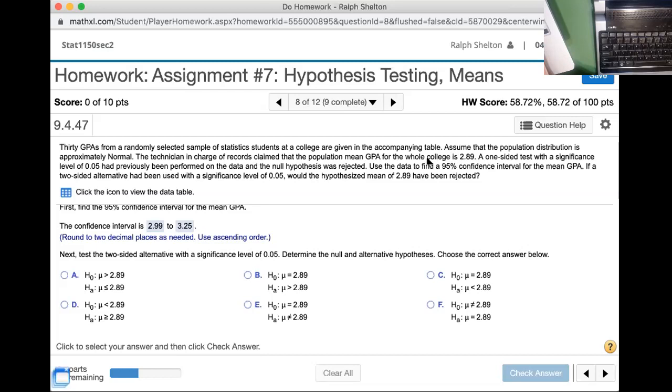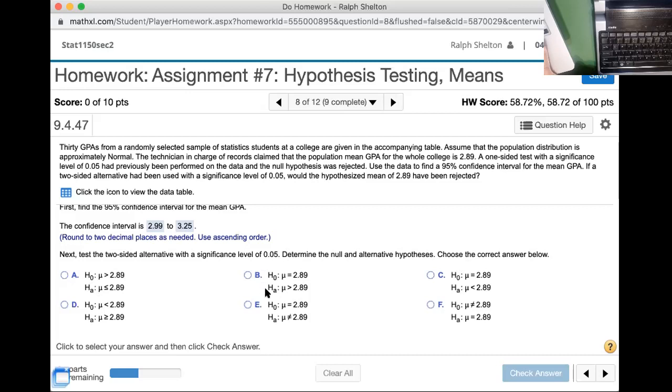You write that as the Greek character mu with a subscript 0, mu naught, equal to 2.89. They don't use the naught in their notation, but they say H0, the null hypothesis, and then mu. So we're looking for mu equals 2.89.